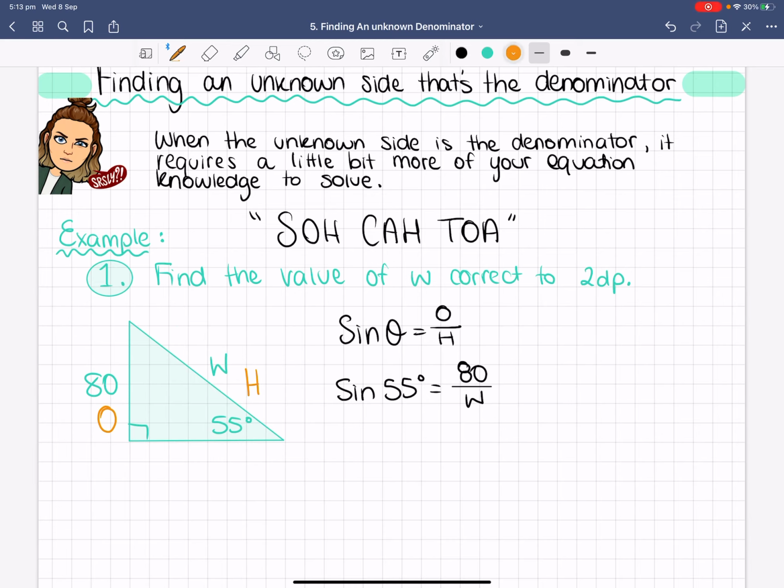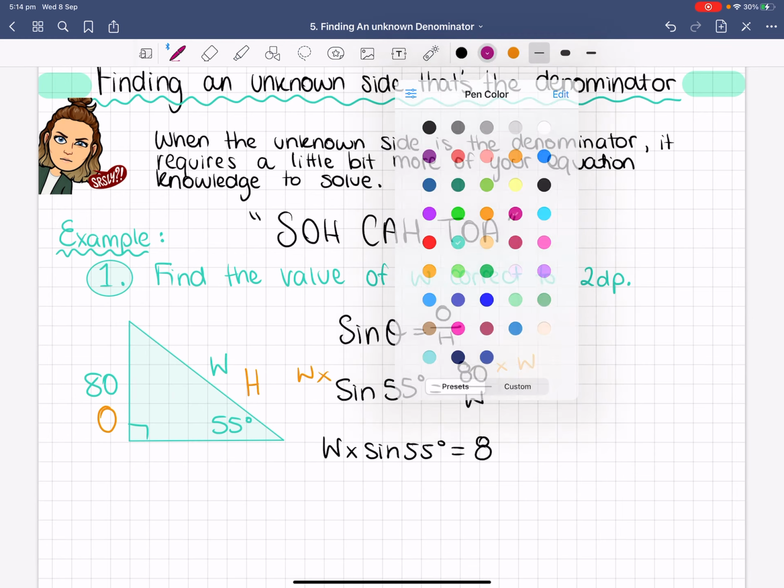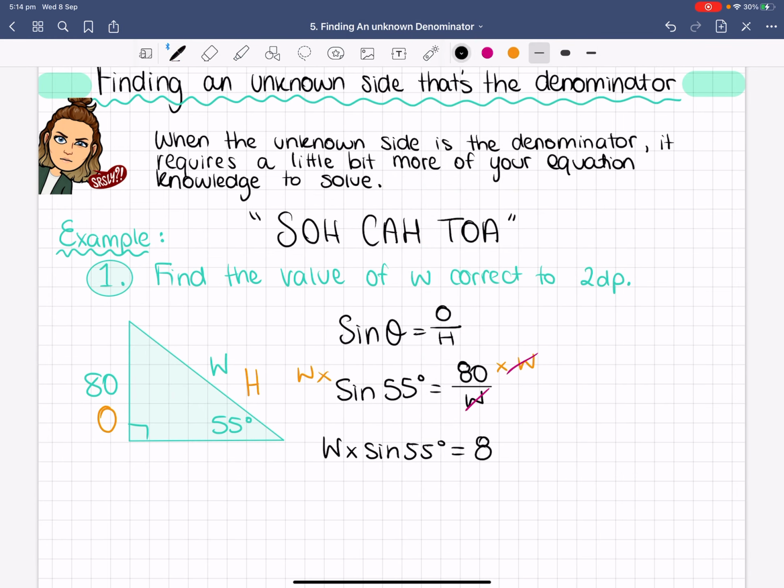Now, when we solve our equations, for us to get W, we want it over the other side and on its own. So what we need to do is multiply by W on both sides. That will leave us with W times sine of 55 is equal to 80, because remember that they cancel each other out.